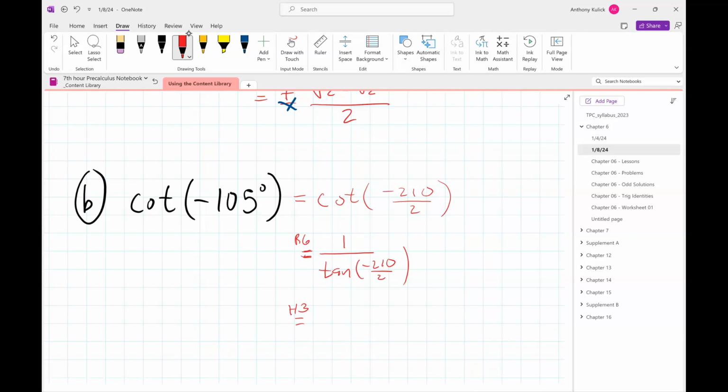So between the other 2 versions of tangent, I want the version that ends up with just a single trig function in the denominator, not 1 minus sine or 1 minus cosine or 1 plus cosine. Now keep in mind, this one we're doing the reciprocal of tangent. So the one that I want is the last one. Will make, I think, our lives easiest.